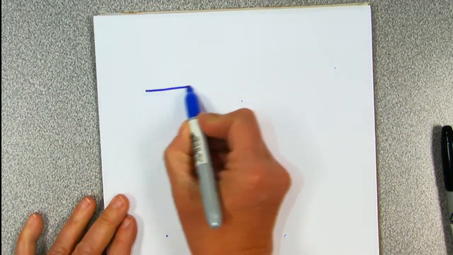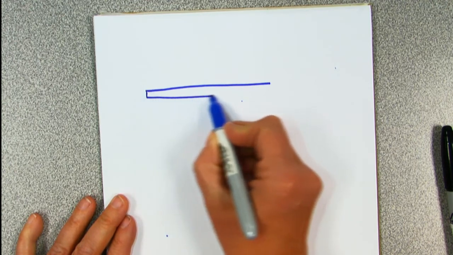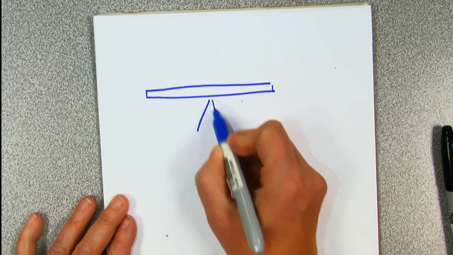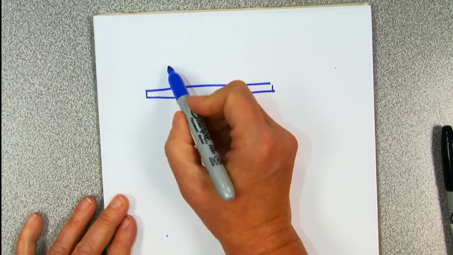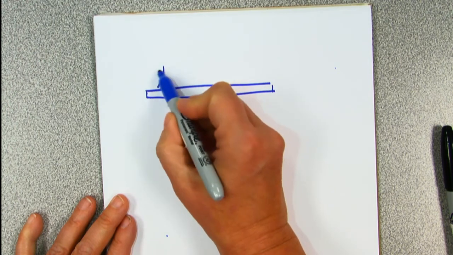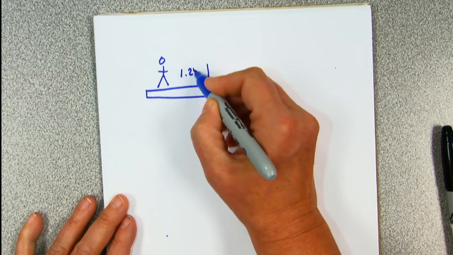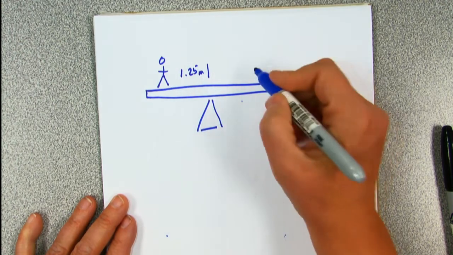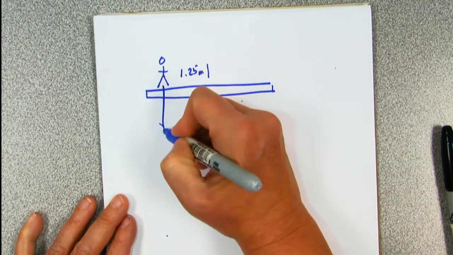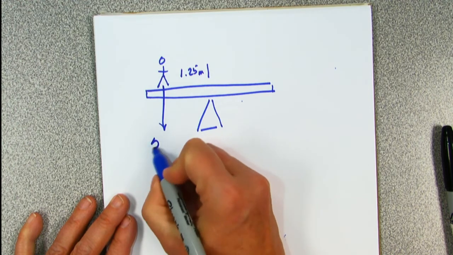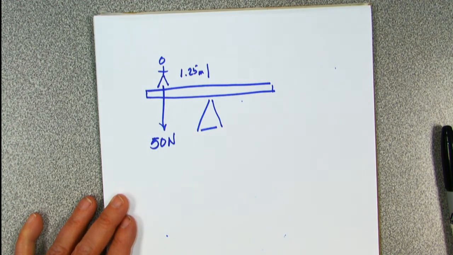Do a teeter-totter problem. I have a person that is 1.5 meters away from the fulcrum. And this person has a weight of 50 newtons, so that's force.